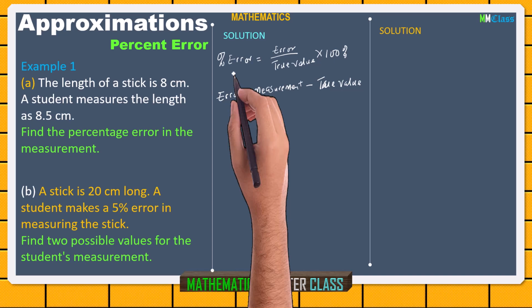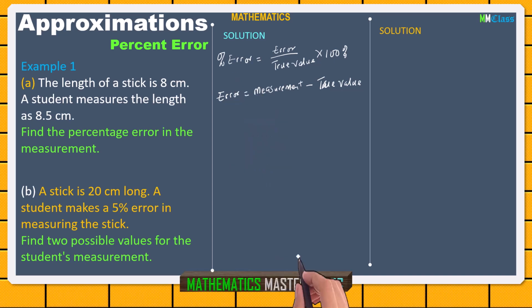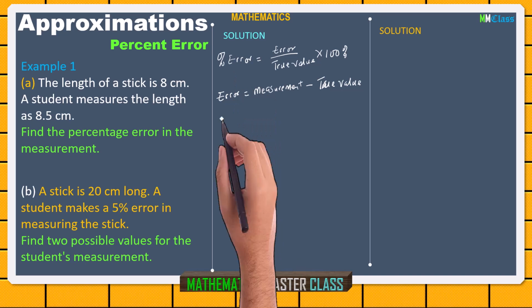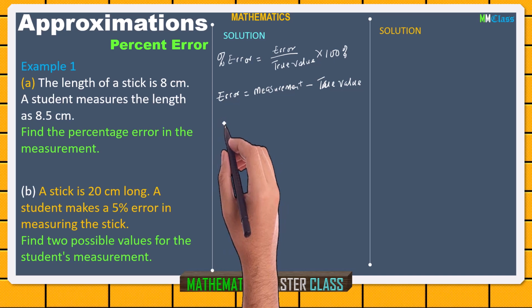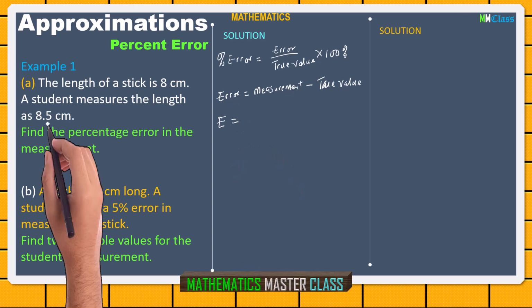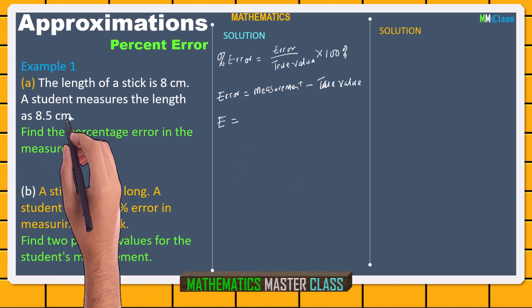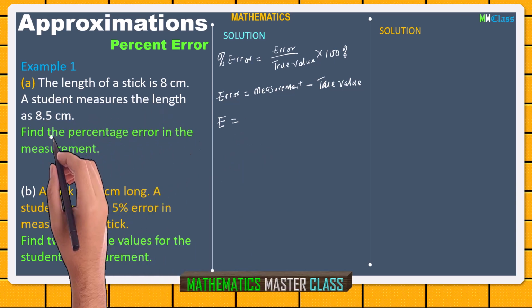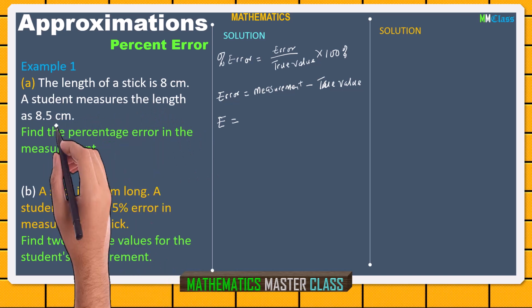Now we are going to calculate our error. So we are going to say error E is equals to the measured value we have here, where the student measures the length as 8.5 centimeters.